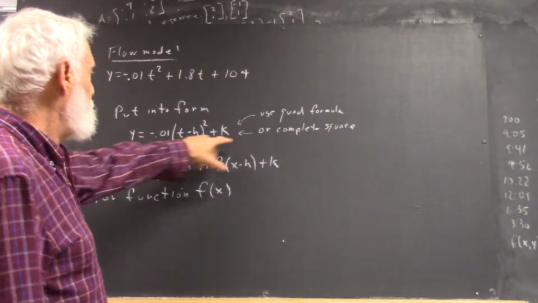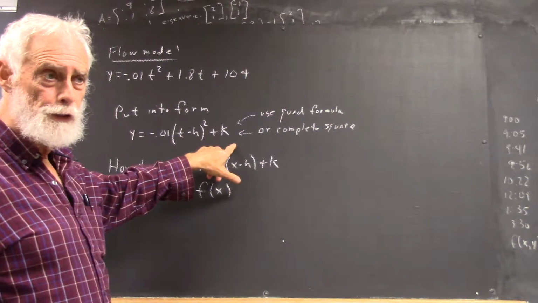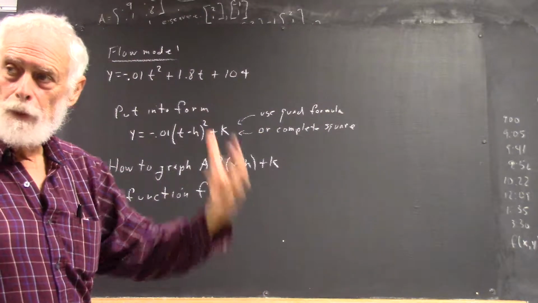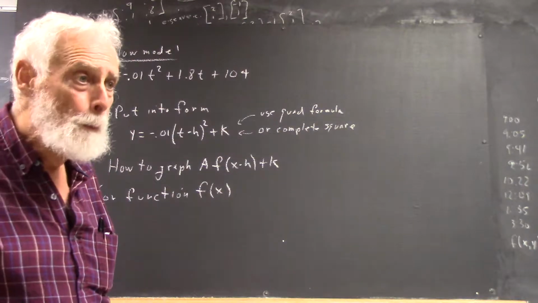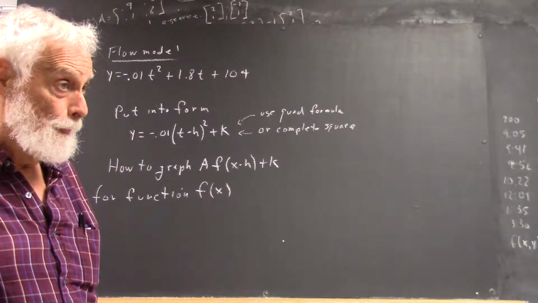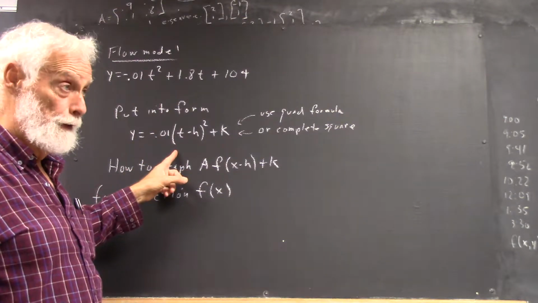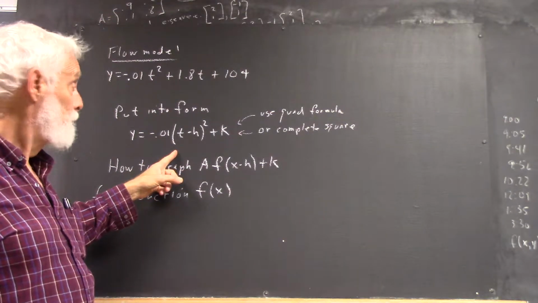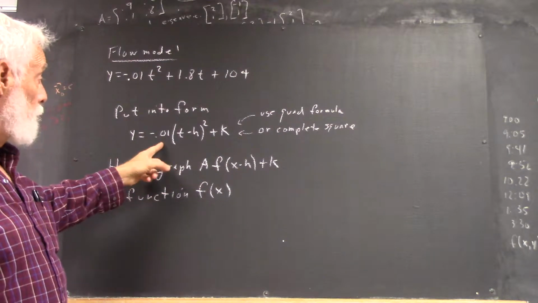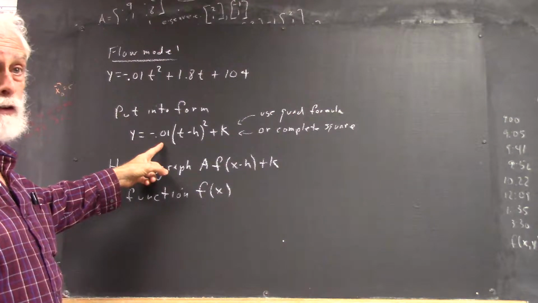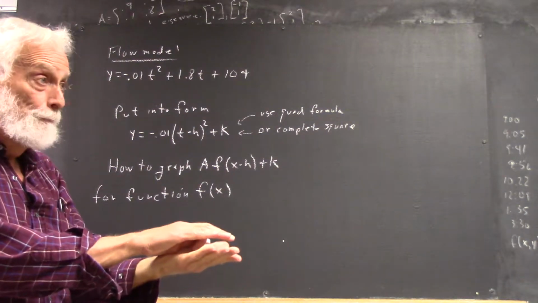Okay, so I'm saying that we can see how to do this without having to make a big old table and plug in a lot of points, and we don't even know what points are going to give us what we need to know, if we see this as a transformation of our basic squaring function. We start with a basic squaring function, and we vertically stretch it by a factor of negative 0.01, meaning we compress it down to 1/100th of its height and flip it over.